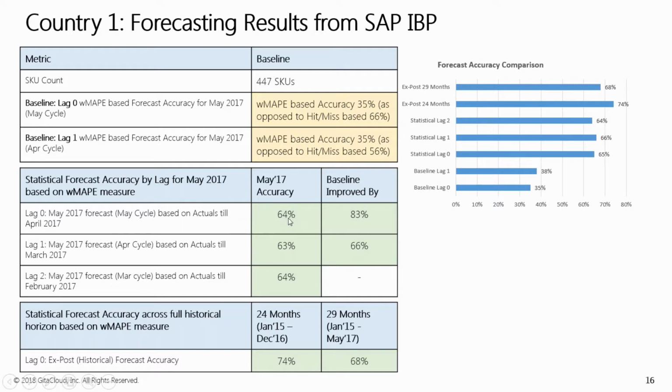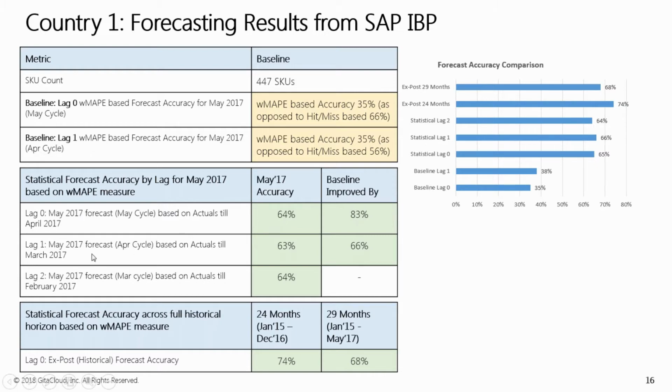So 64% versus 35% is what we are looking at. In terms of percentage improvement, if you take the difference, 64 minus 35, and divide by the baseline, you are talking about an improvement of 83% here.